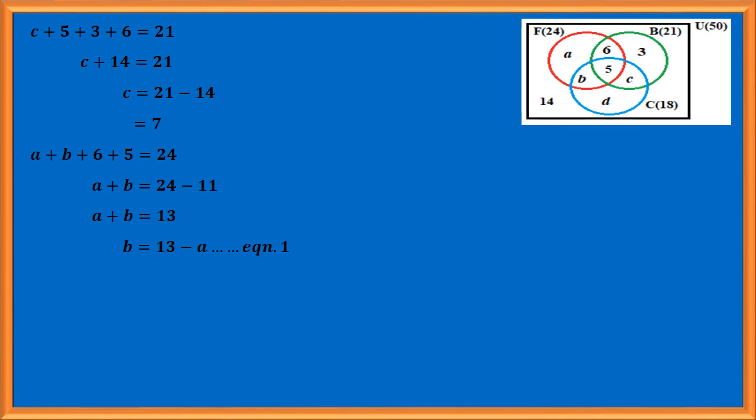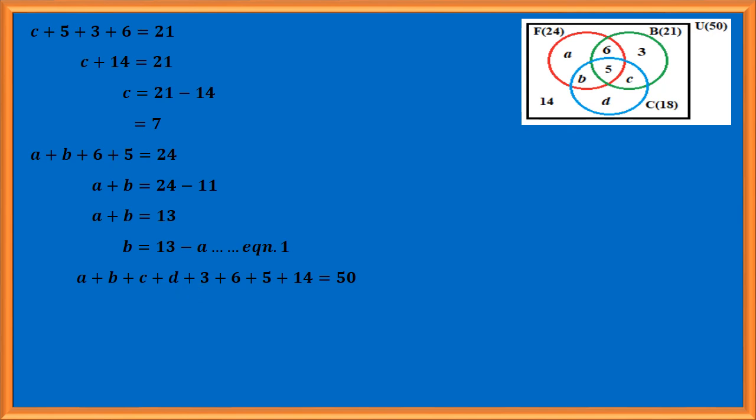Then when we look at the Venn diagram, when we add all the components here, we should get 50. So we'll have A plus B plus C plus D, then plus 3 plus 6 plus 5 plus 14 here equal 50. We know that B is 13 minus A, so we are going to substitute that.